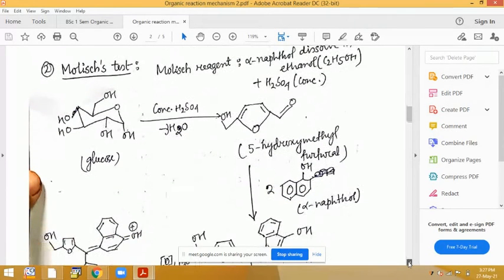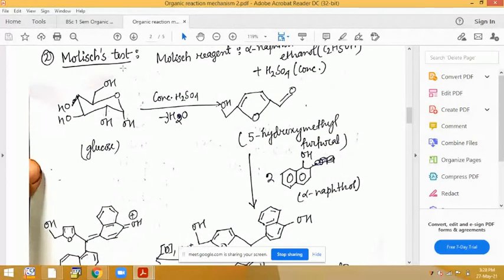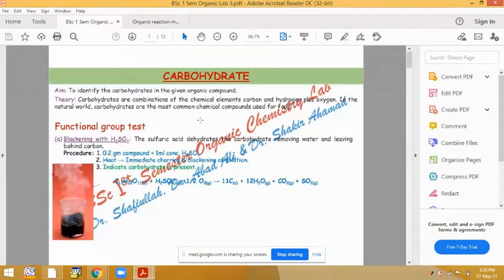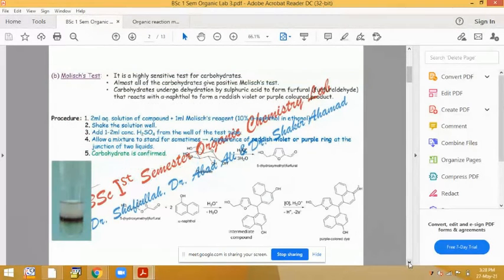you see, it forms a dye color due to this reaction. First I am showing you the condition. Yes, so you see this Molisch test is very sensitive for carbohydrate, and almost all carbohydrates show this test.